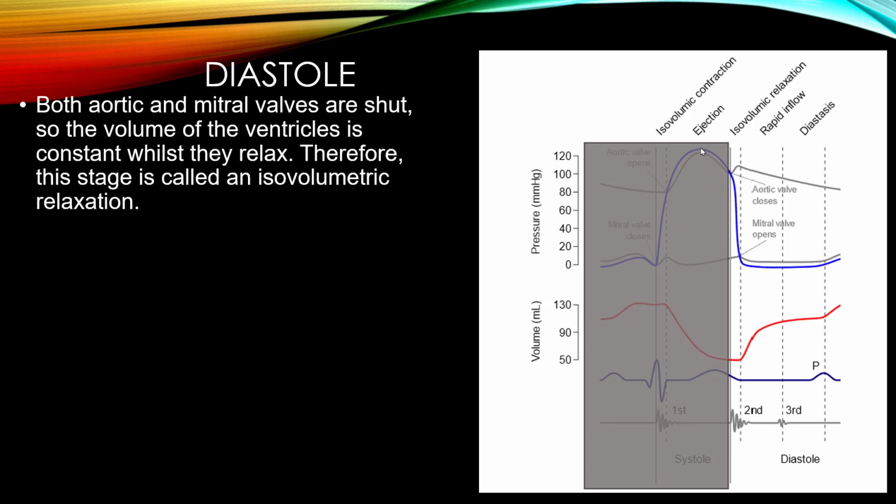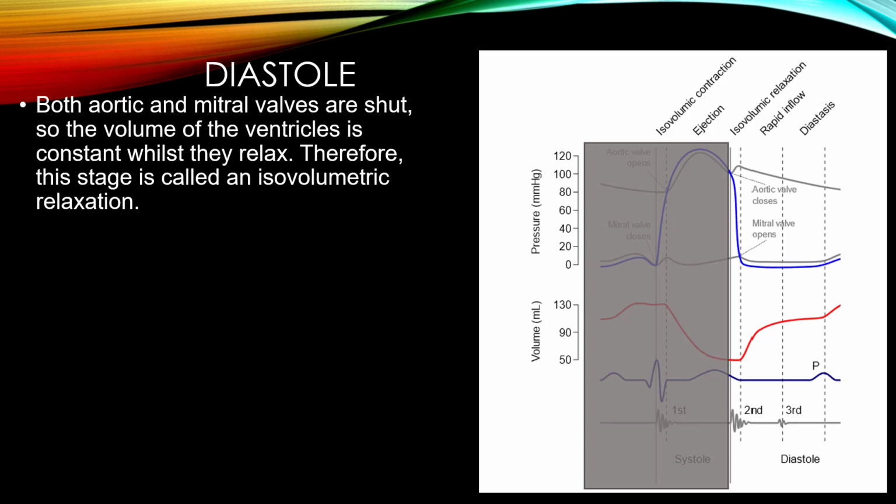Here you can see that after the peak, both the aorta and the ventricle become relaxed, and the pressure is decreasing, but the ventricle relaxes more than the aorta. There is no flow of blood from the aorta into the ventricle or from the atria to the ventricle. So this is called isovolumic relaxation.